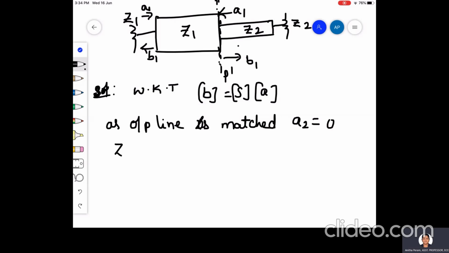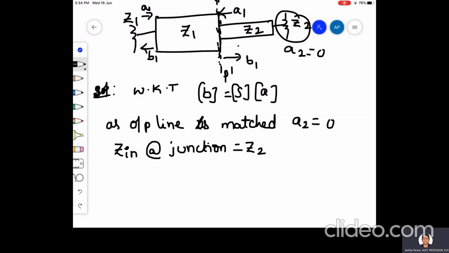And if I want to determine the input impedance at the junction, it is equal to Z2. Here you have matched perfectly, so A2 is 0, and at the junction the input impedance is Z2. You can observe Z2 will be the load for Z1. It is acting as a load for Z1.